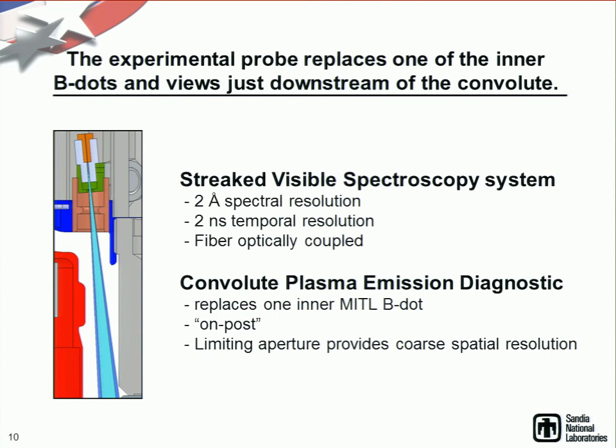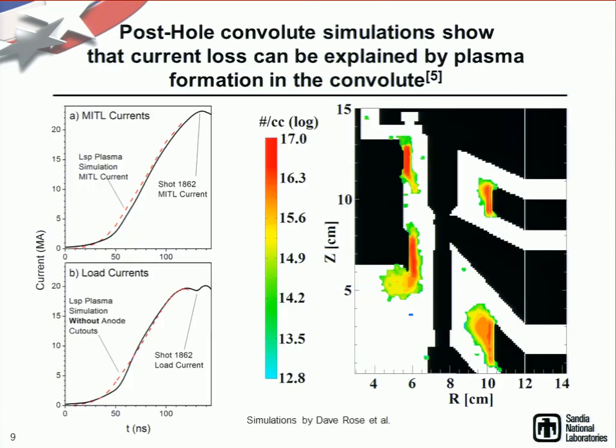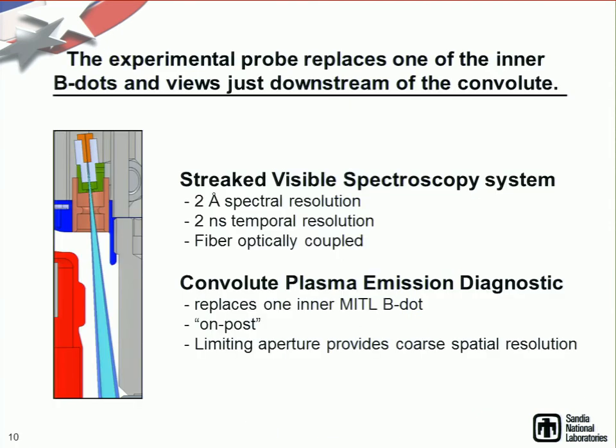So the measurements that I'm making, basically, this is where that B dot is located, the load B dot, and I'm replacing that, as shown here, with a probe that observes the visible emission from the plasma that's in this region. So here you have your post, here's the cathode, and the hole is here.